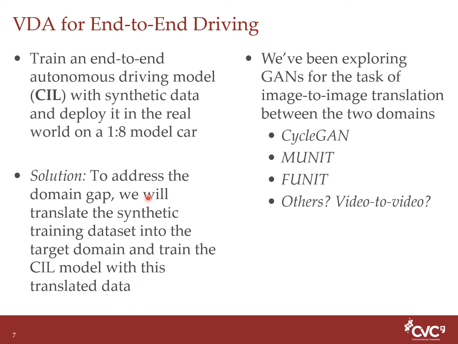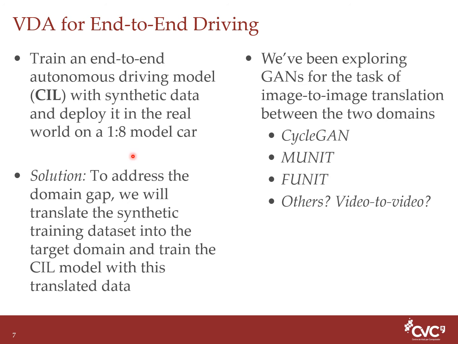So currently we're looking into visual domain adaptation for end-to-end driving, and the idea is to train an end-to-end autonomous driving model, specifically conditional imitation learning, with synthetic data, and deploy it to real life. And of course, this won't work unless we modify the training data, because the synthetic data doesn't look at all like real life.